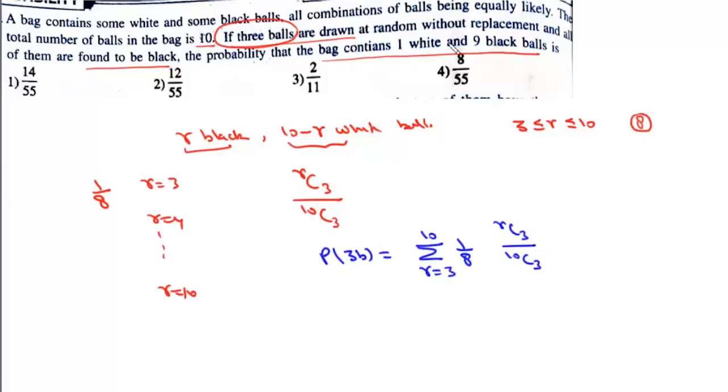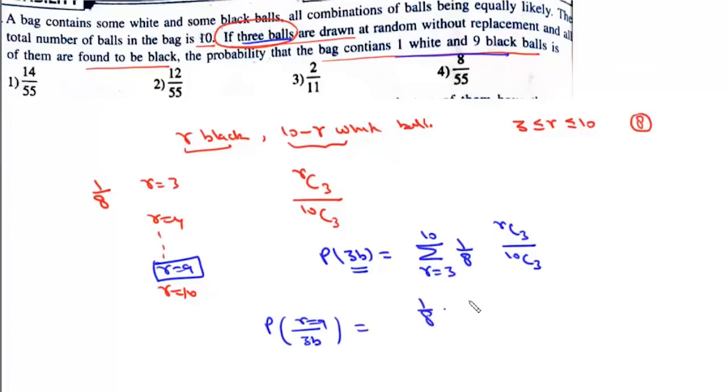Now it says, if you already know that 3 balls are black, find the probability that it contains 1 white and 9 black balls. So we have to find this probability that value of R is 9.